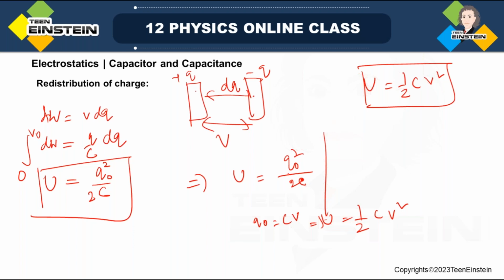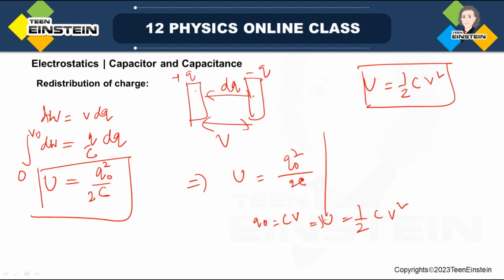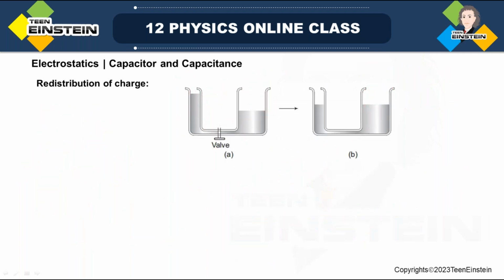All right, so we'll see how charges get redistributed when two charged capacitors are connected together. Since there are two capacitors, having C1 and Q1. C1 is the capacitance and Q1 is the charge.